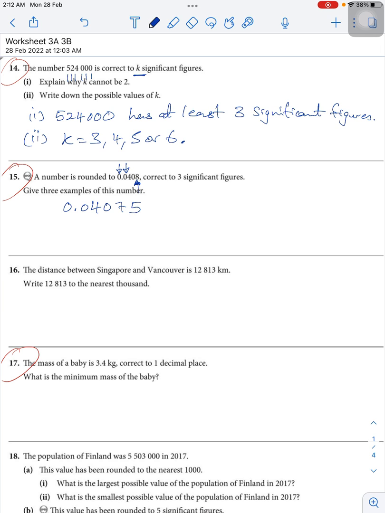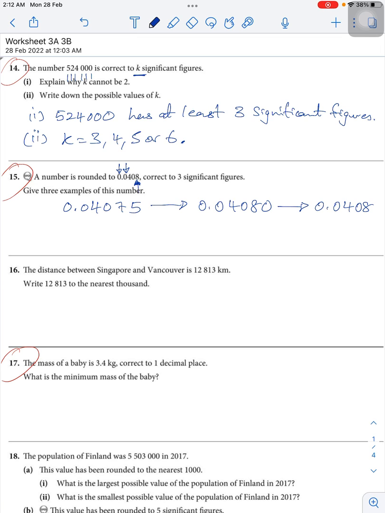That means it can be all the in-between numbers like 0.04076, and then it keeps increasing. You can have all these numbers all the way to 0.04080, and you can further go up to 0.04081, until 0.04084.